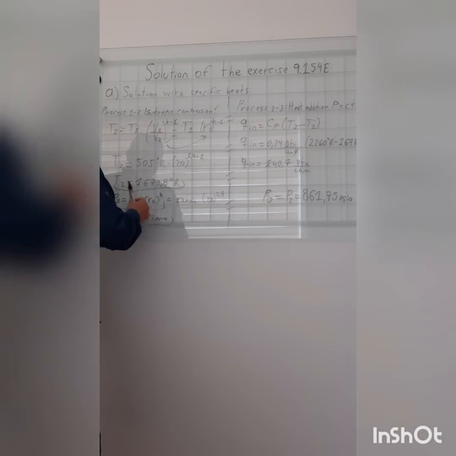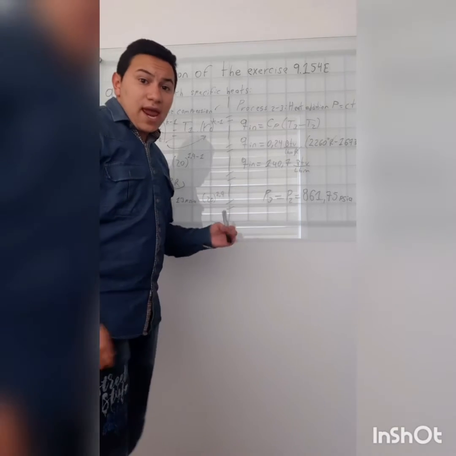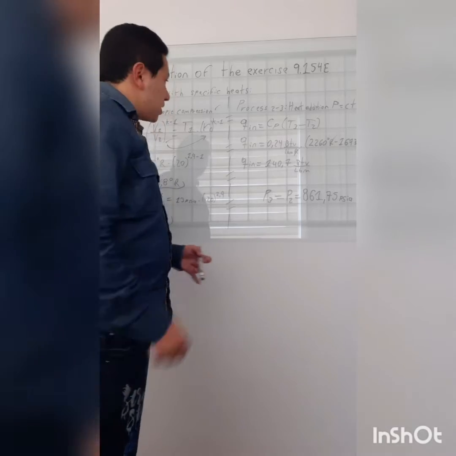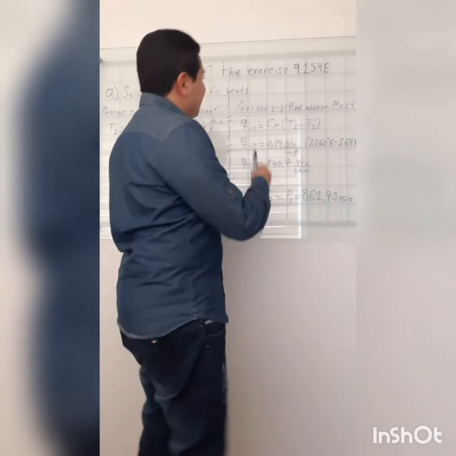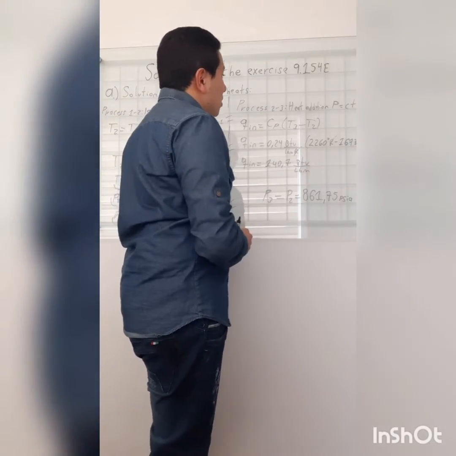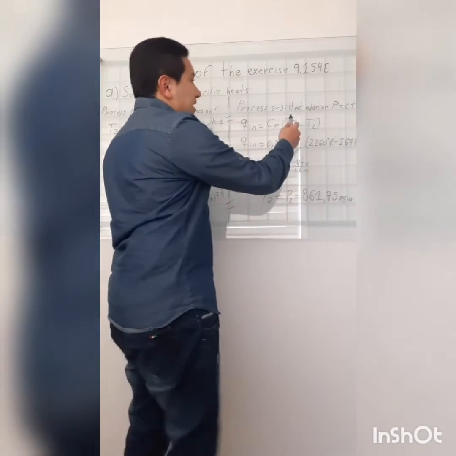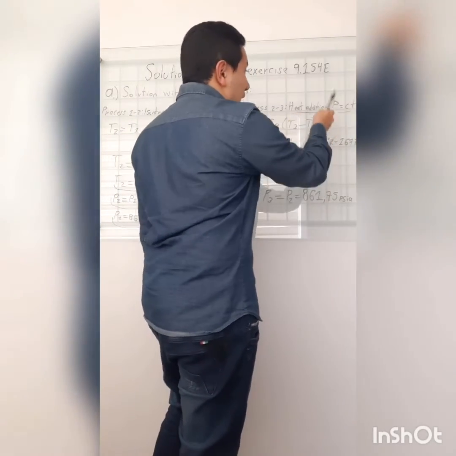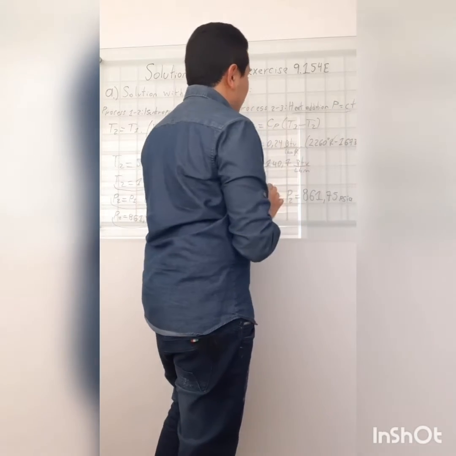Okay, and replace values for this equation, that is pressure 2 equal to pressure 1 multiplied by the compression ratio to the power k, remember k is 1.4. And process 2-3 is heat addition at constant pressure.